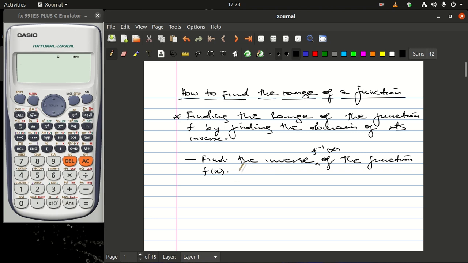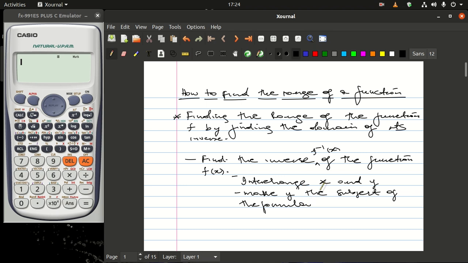The steps are also very simple here, because the first thing that you do, you just interchange x and y, and then secondly, after you have done that, make y the subject of the formula. Right.